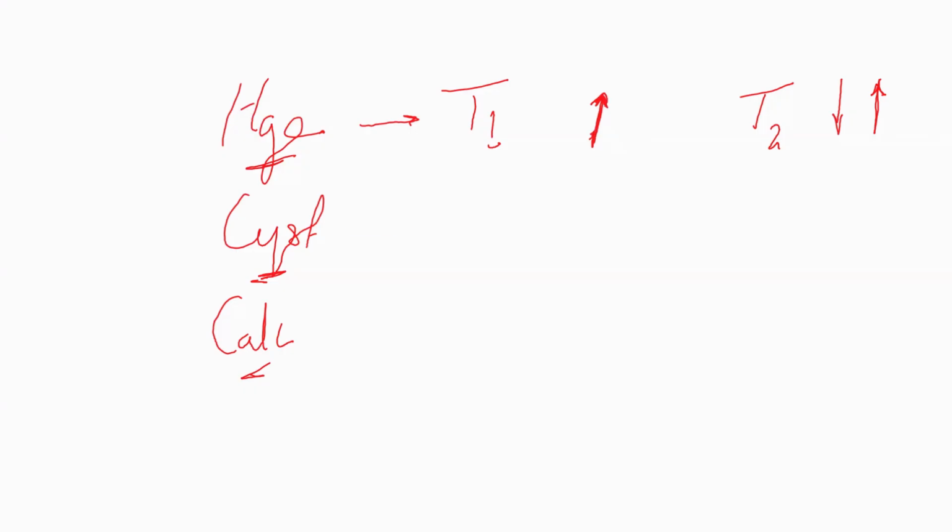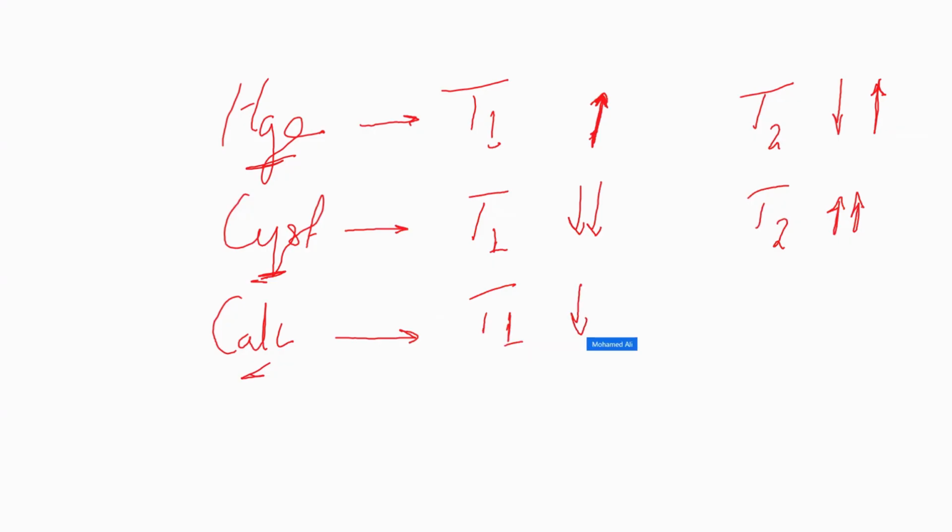If we have a cystic lesion, and it is common in the transition zone inside the nodules, it will show dark signal on the T1 and bright signal on the T2 weighted image. Calcifications will show dark signal on T1 and dark signal on T2 weighted image.